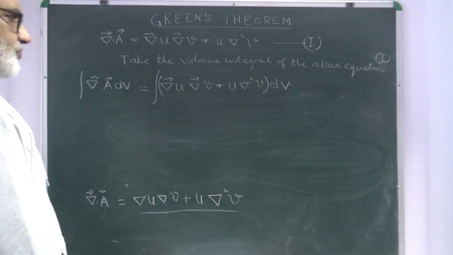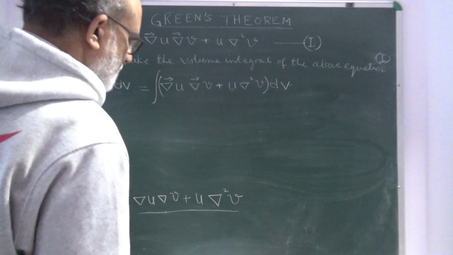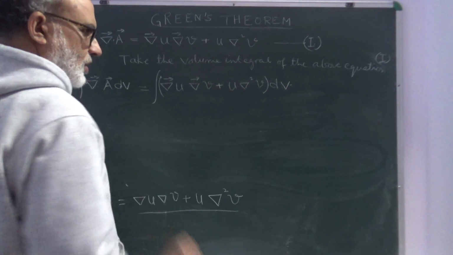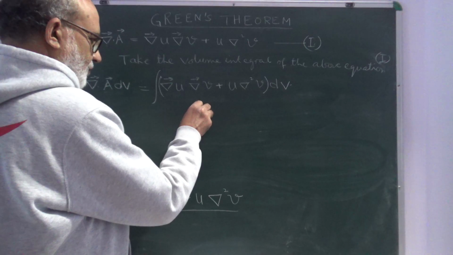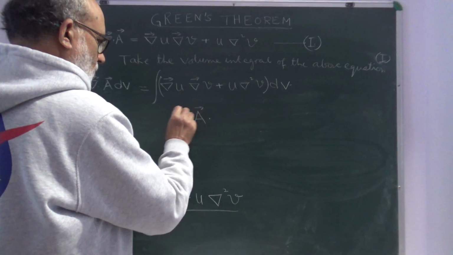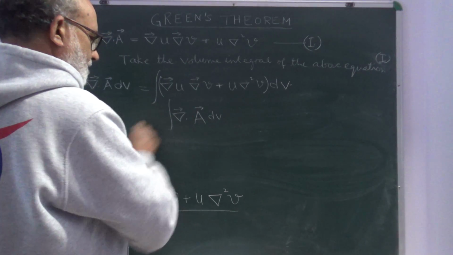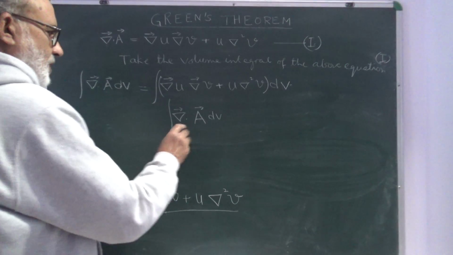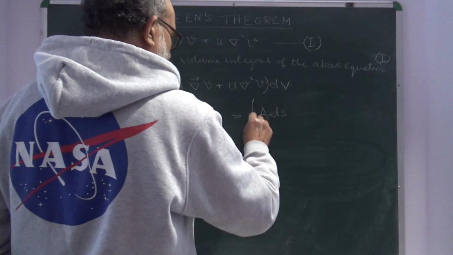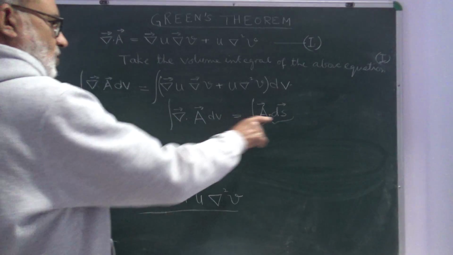Now from the divergence theorem, Gauss's divergence theorem, we know that the volume integral can be transformed into a surface integral. Because A is a vector field, the integral of the divergence of A over the volume can be written as the flux of A over the surface. This is the flux. So from the volume integral we are going to the surface integral.